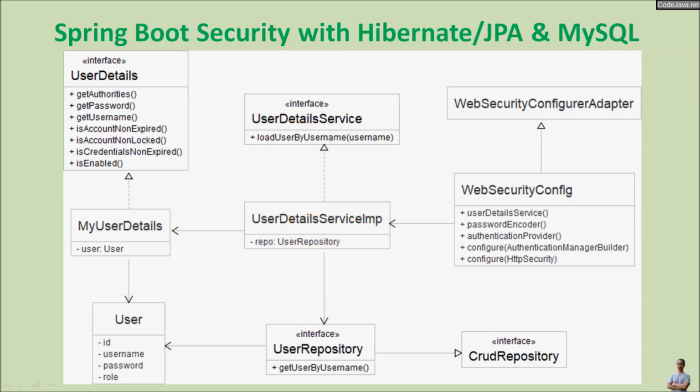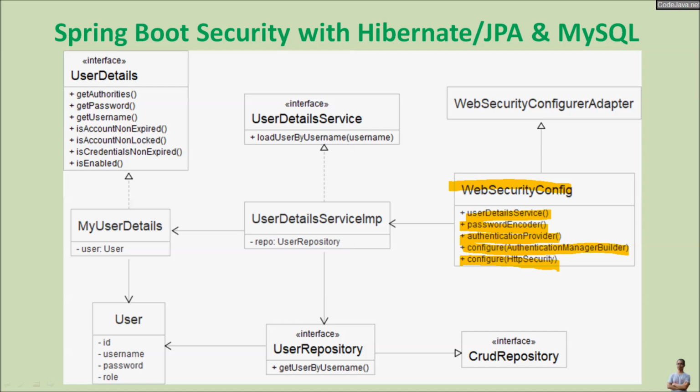And finally, we code the WebSecurityConfig class to configure the authentication provider, password encoder, user details service, and configure the authentication manager builder, to specify the authentication method to be used is database with Spring Data JPA, and configure the HTTP security.